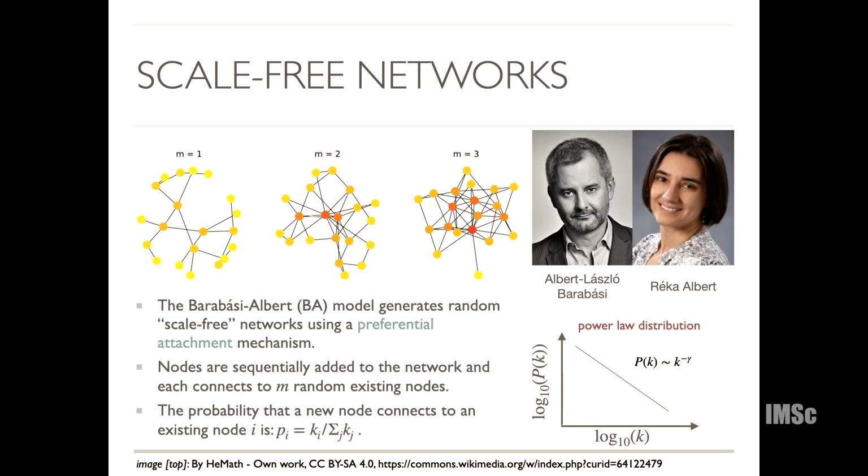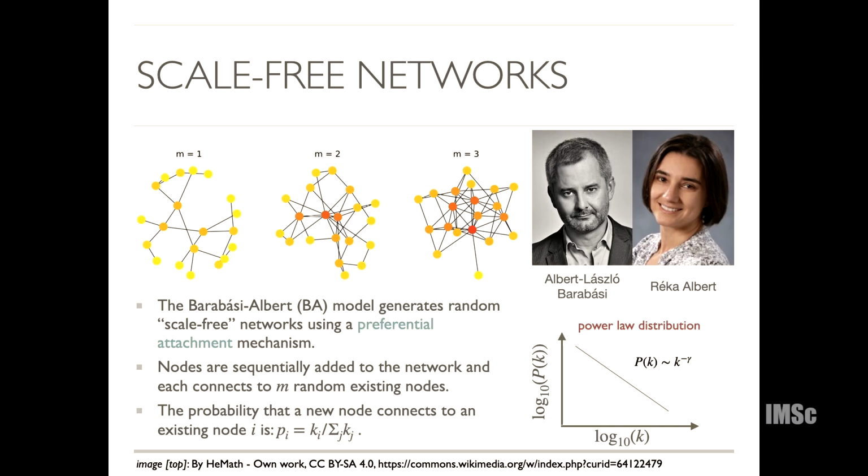And for that purpose, there was another approach. I think this was initially done by Price in the 60s or 70s, and then more work was done by Barabasi and Albert on this. This is an approach by which you can generate a specific type of degree distribution, which is called a power law distribution.